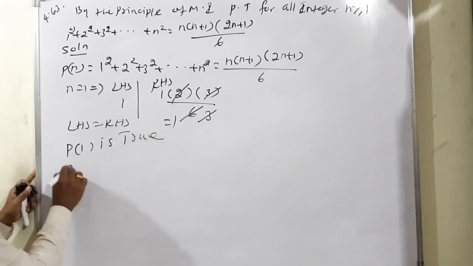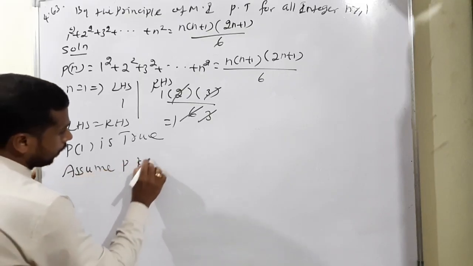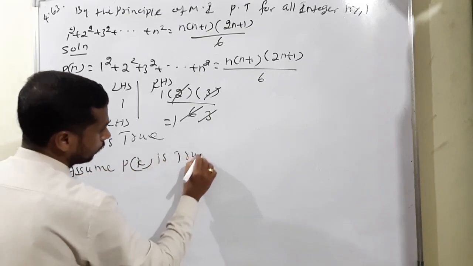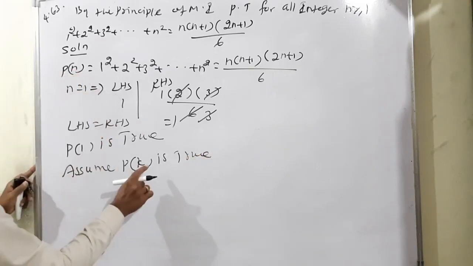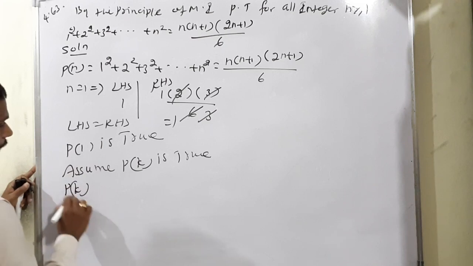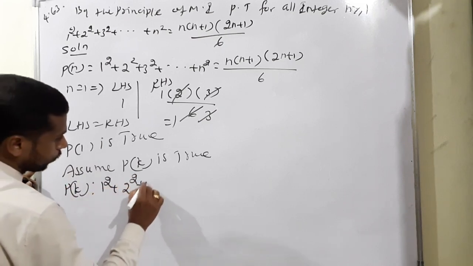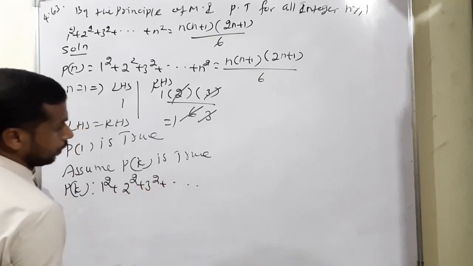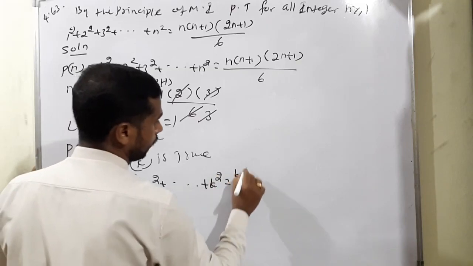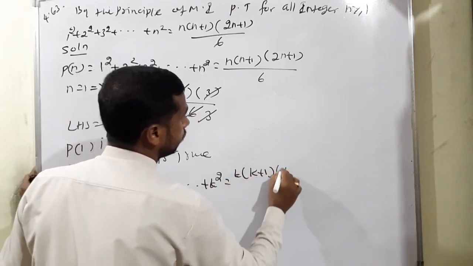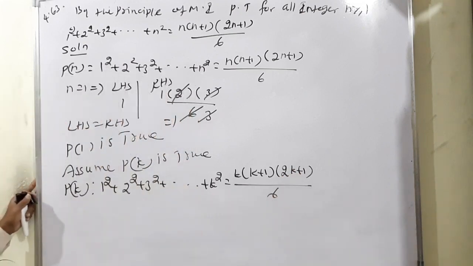So next step, assume P of k is true, isn't it? Assume P of k is true means instead of n we have to take k. Therefore P of k means 1 square plus 2 square plus 3 square dot dot dot plus k square is equal to k into k plus 1, again 2k plus 1, divided by 6.